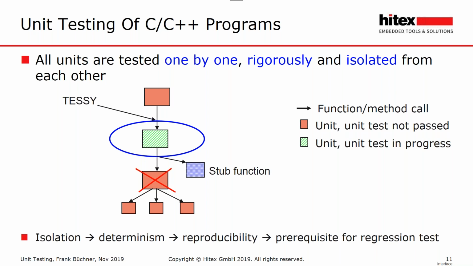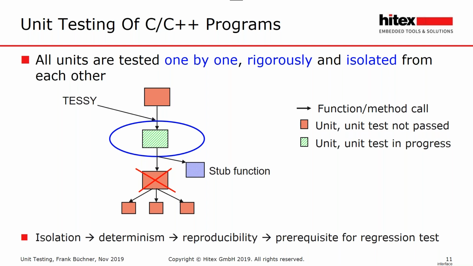Unit tests usually are deterministic, so if a test has a certain result, this will not change, and you will get the same result if you repeat the test in a fortnight. This means this isolation is a prerequisite for regression testing, which means reproducing your tests and your test results, maybe after you have refactored your test object.